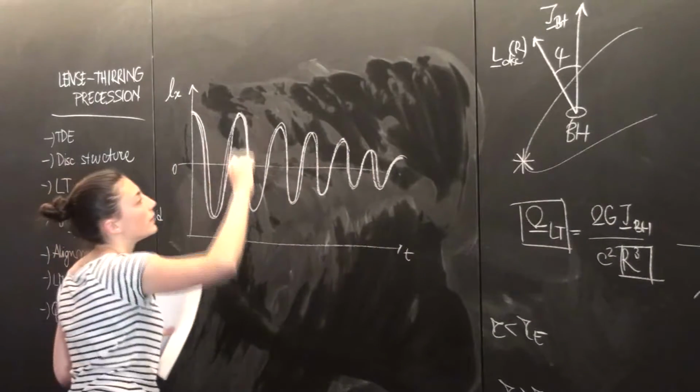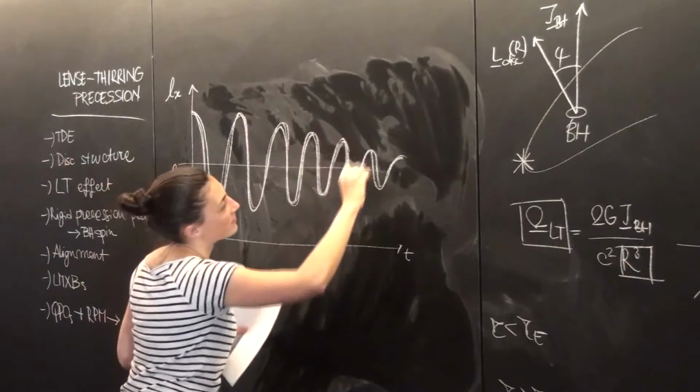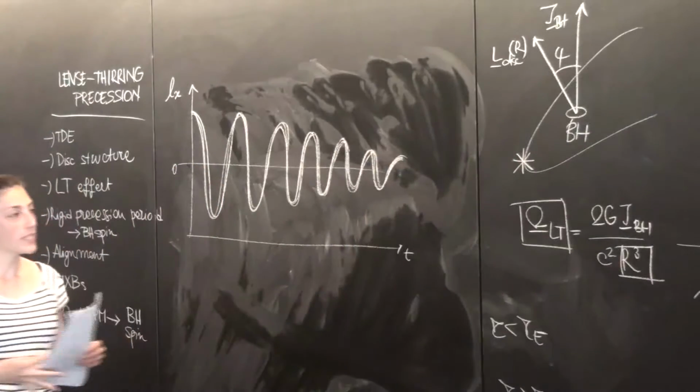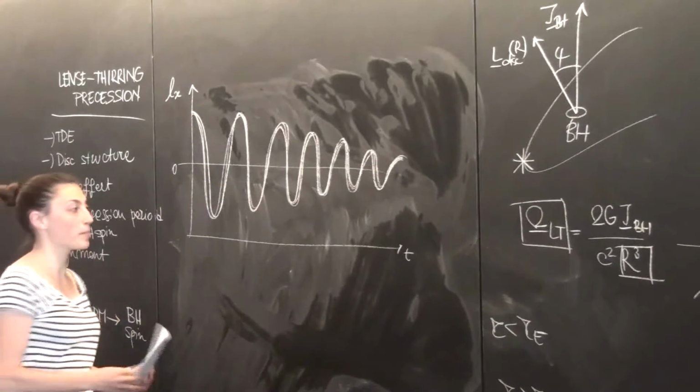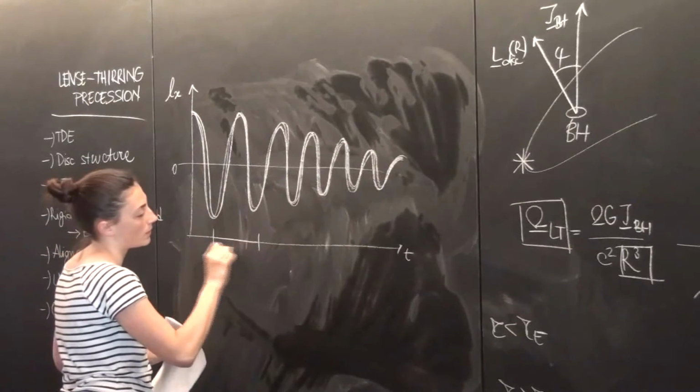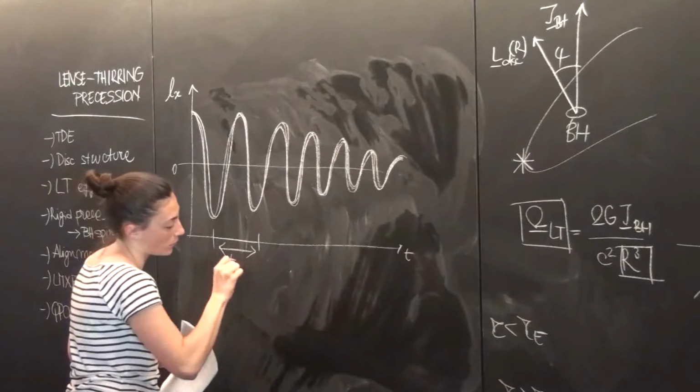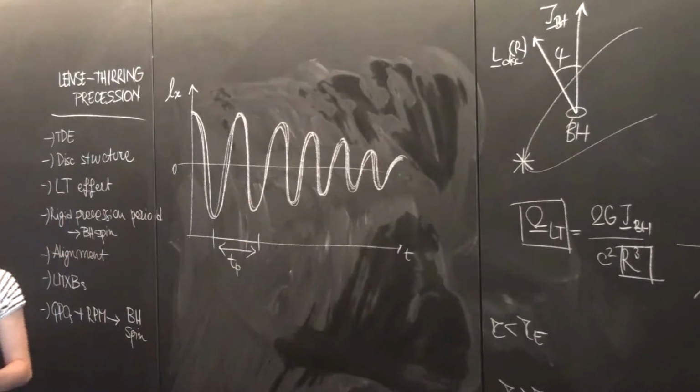So we see that the 4 different radii inside the disk precess with exactly the same period. So this means that basically the disk is rigidly precessing around the black hole.